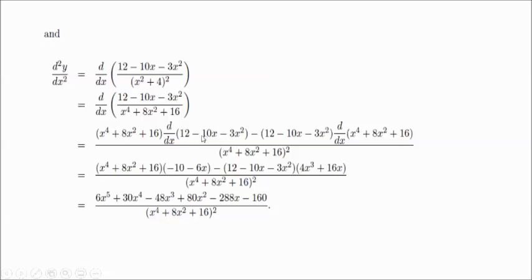Derive nito, derivative nito is negative 10 minus power rule 6x minus copy derivative of this one power rule 4x cubed plus 16x 8 times 2 then 0. Okay? And then this one, so hindi na pinakita yung simplification. So this is the final answer.